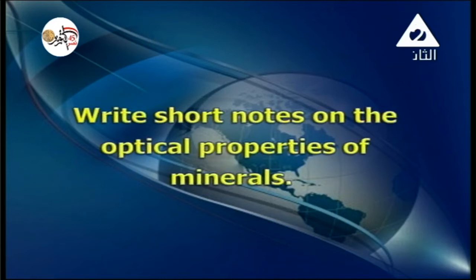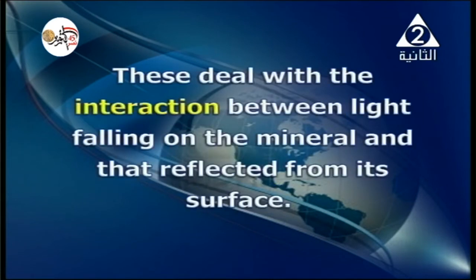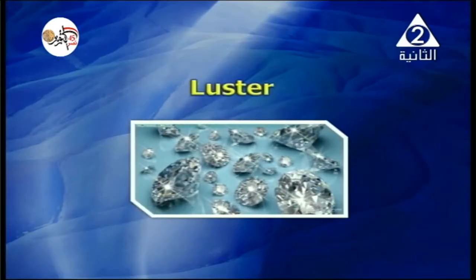Write short notes on the optical properties of minerals. This deals with the interaction between light falling on the mineral and that reflected from its surface. This is the color.